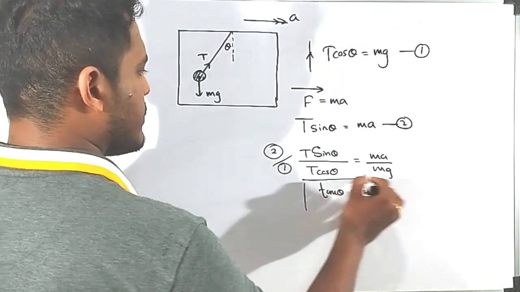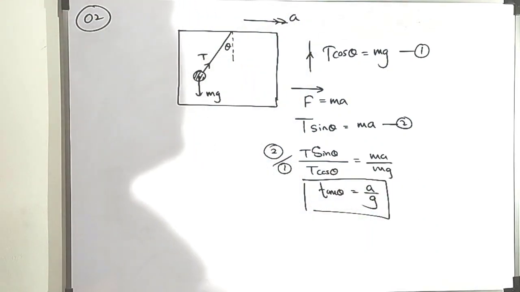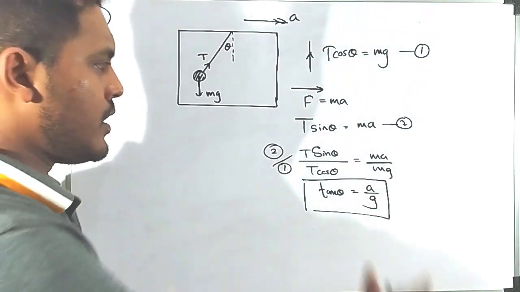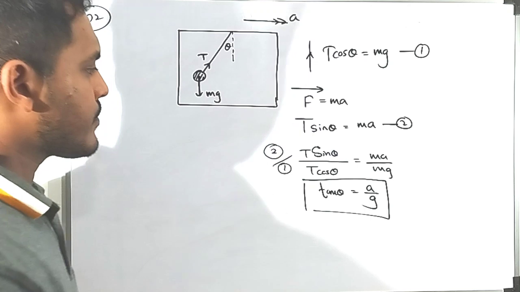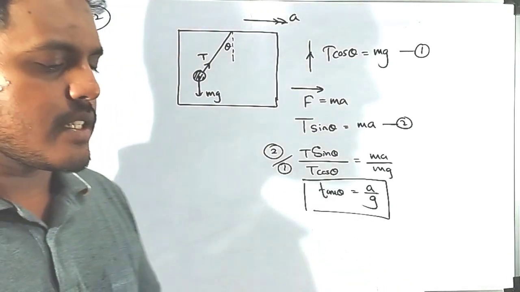According to this relationship, theta depends only on the acceleration of the train, the acceleration of the system, and does not depend on the mass.